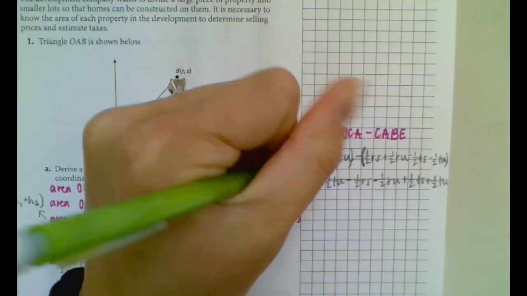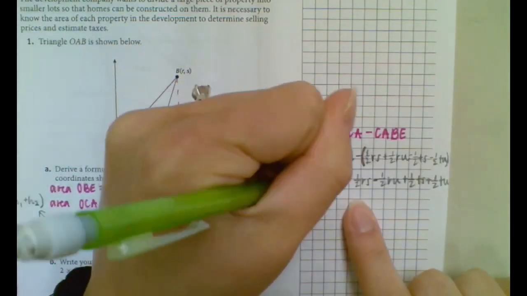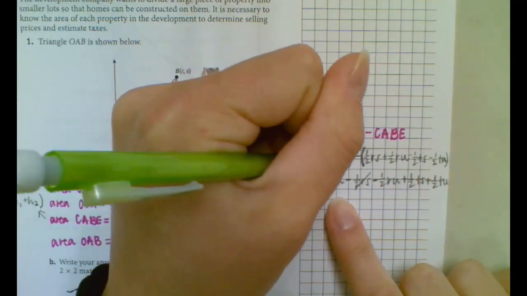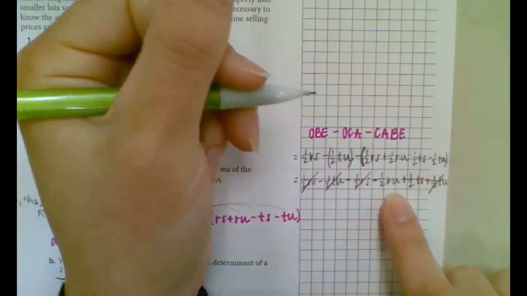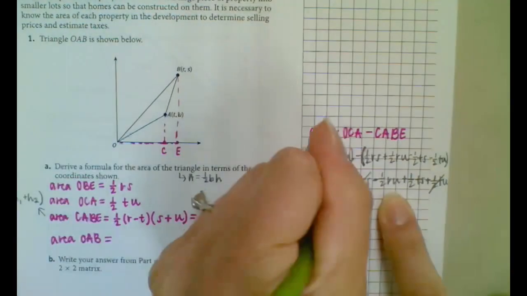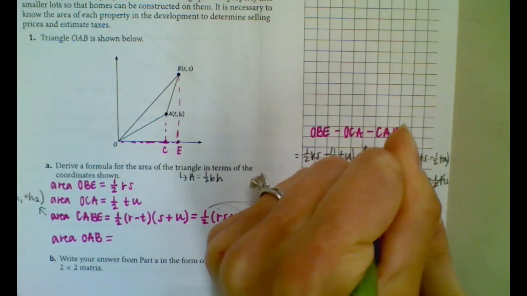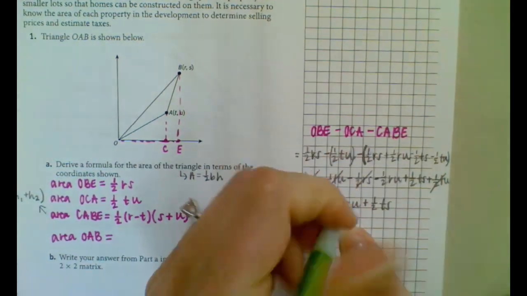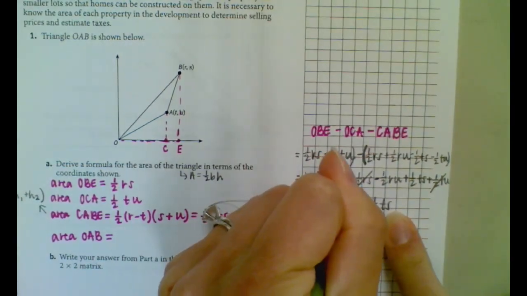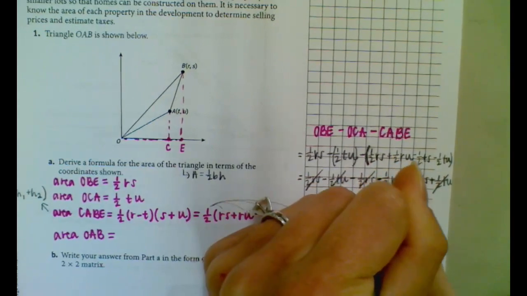Then I'm going to combine my like terms. The RS's cancel. The TU's cancel. We're left with negative 1/2 RU plus 1/2 TS, which if I take out the GCF of 1/2, I get TS minus RU.